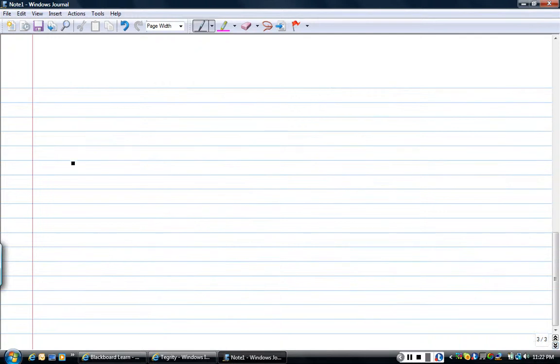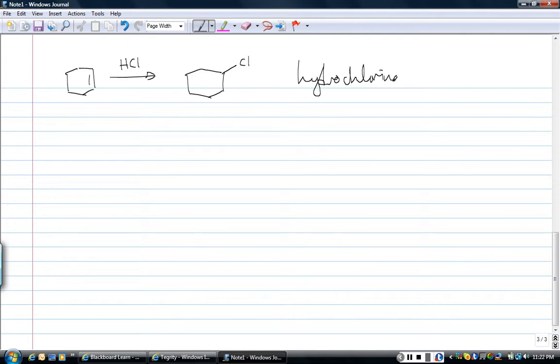If I took this compound, this is cyclohexene, and I treat it with HCl, I'll end up with this compound. And that is a hydrochlorination, meaning that I added a hydrogen and a chlorine.